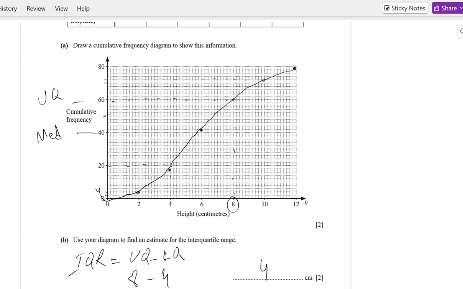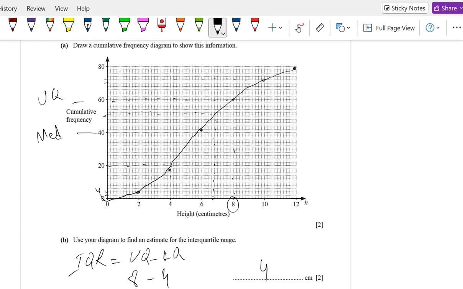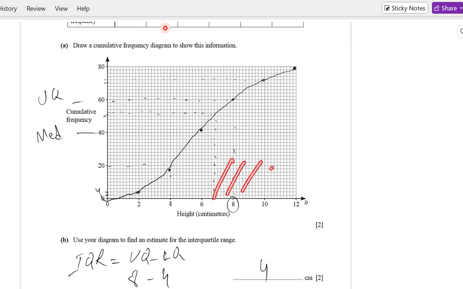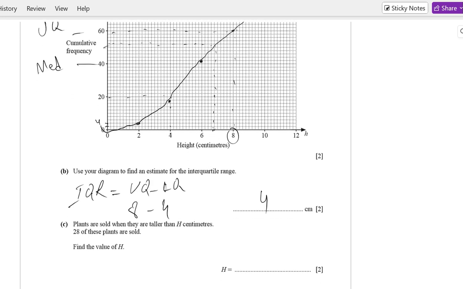If this is 50, this would be 52. So this is the portion where all the plants are higher or good in height. So you can say all the plants that are, because these are the 28 plants that are higher, so greater than 6.4.